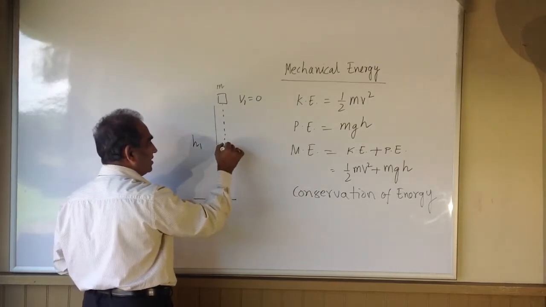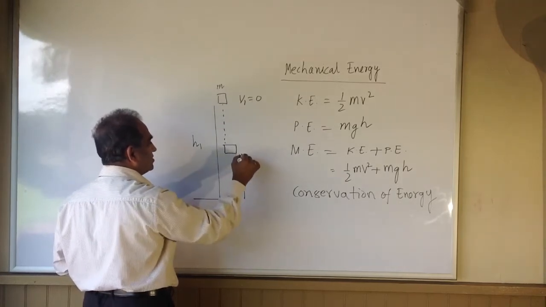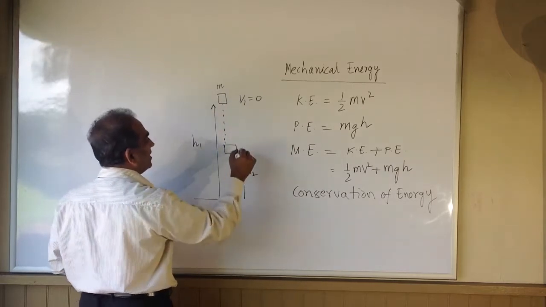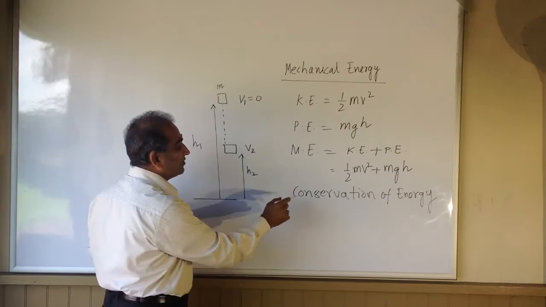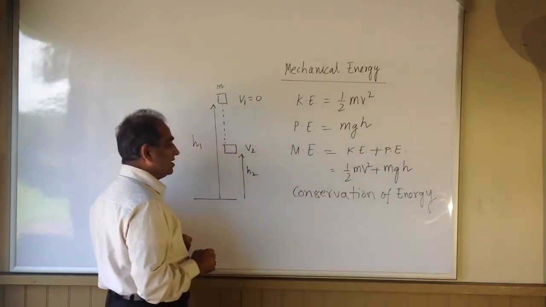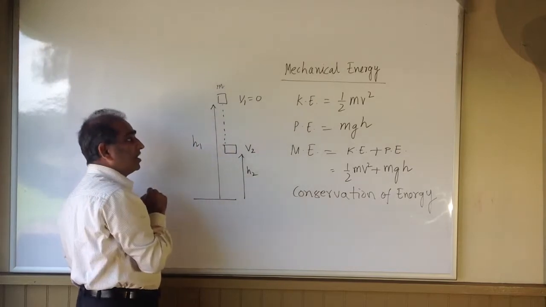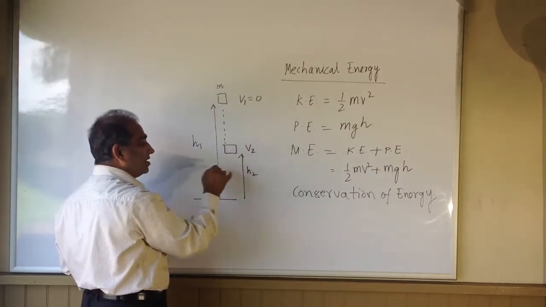At some instant when it comes to this position where the height is h2, and the velocity is v2 here, then what the conservation of energy says is the sum of the kinetic and potential energies at this location is exactly equal to the sum of the potential and kinetic energies here.